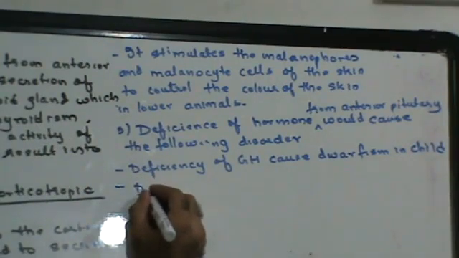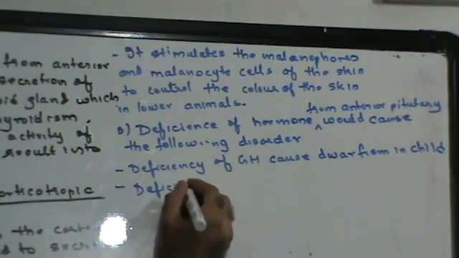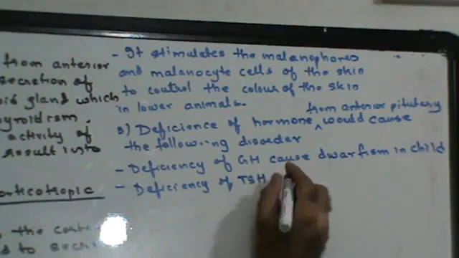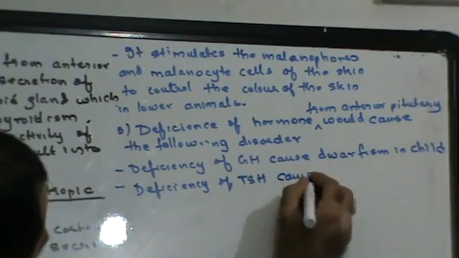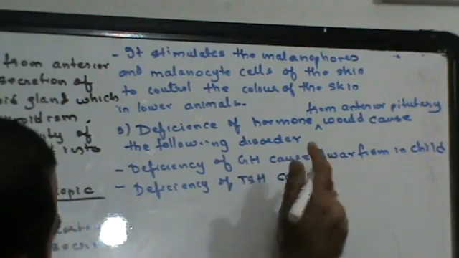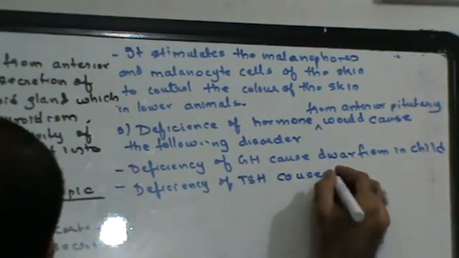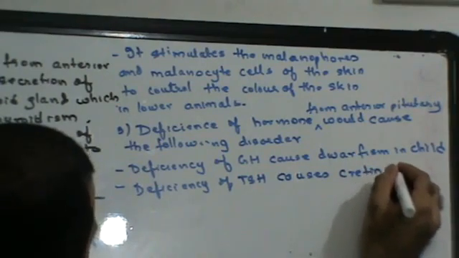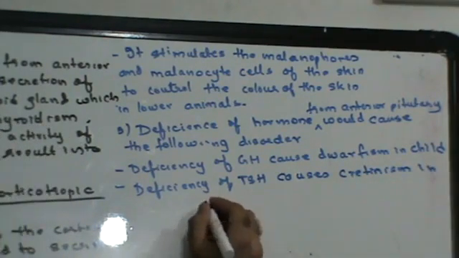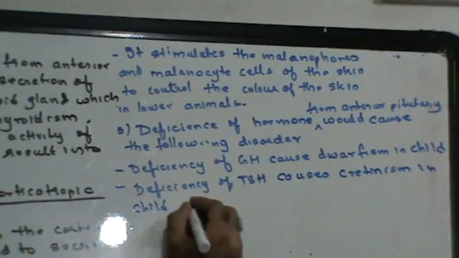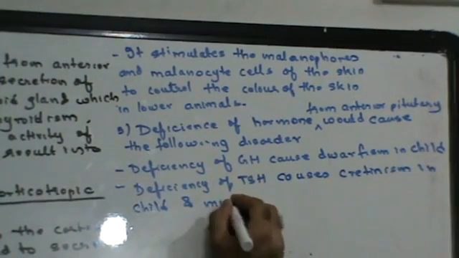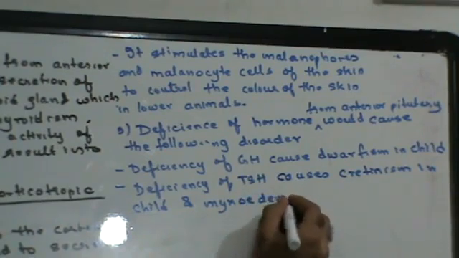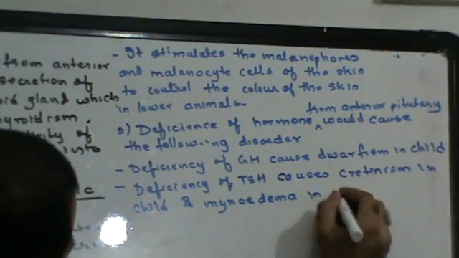Deficiency of thyroid stimulating hormone causes cretinism in child and myxedema in adult.